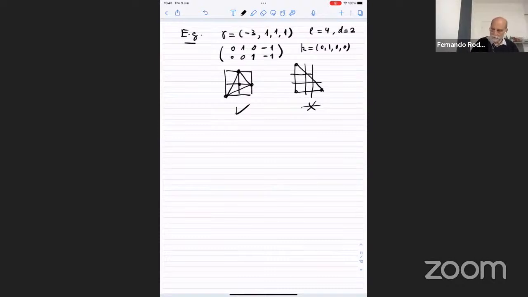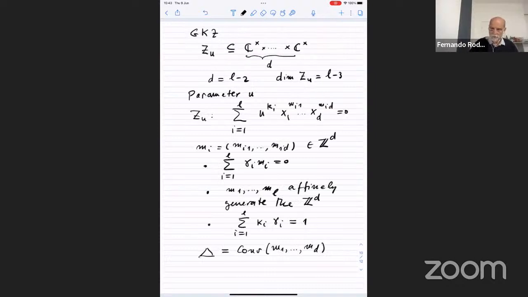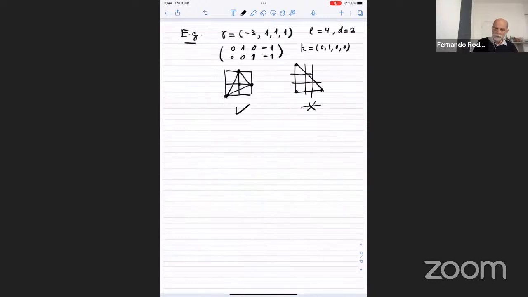What we have is this variety, and this variety that I'm thinking of here is an affine variety. It's certainly not going to be projective, compact in general.